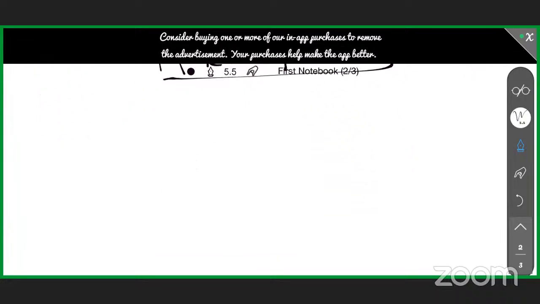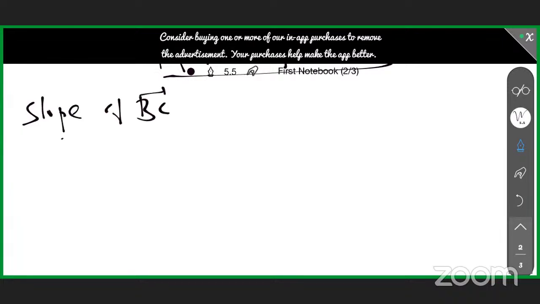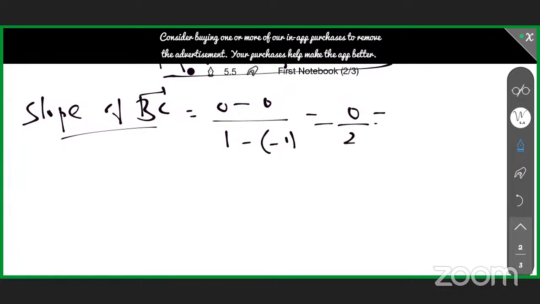Similarly, for the slope of BC, that is equal to (0 minus 0) divided by (1 minus of minus 1), so 0 by 2, that is equal to 0.